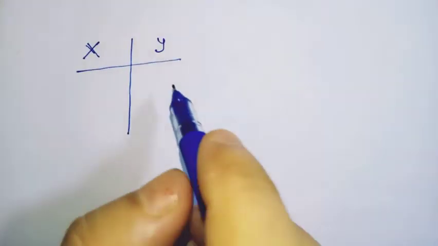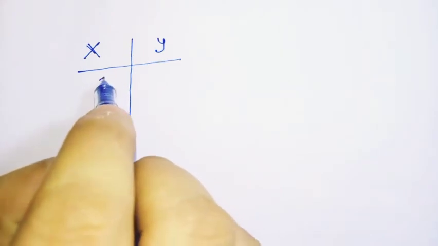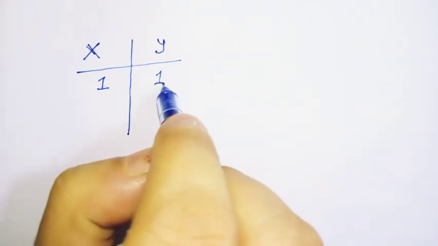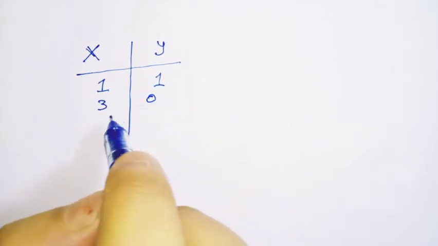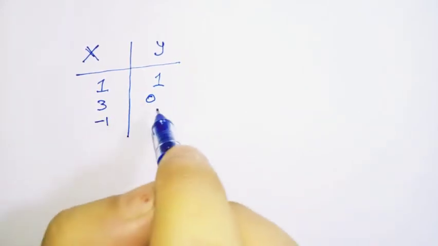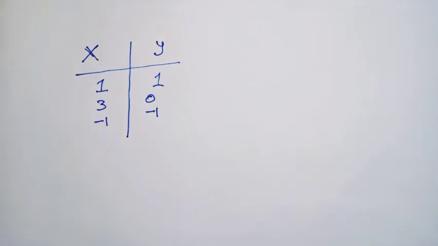Here are my variables, x and y. This is for a visual representation. I will draw a line so that things become clear. What are the values which we know? We know this is 1 and 1, 3 and 0, and we have got -1 and -1. So these are the values which we have already got.